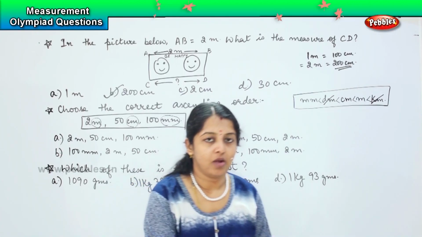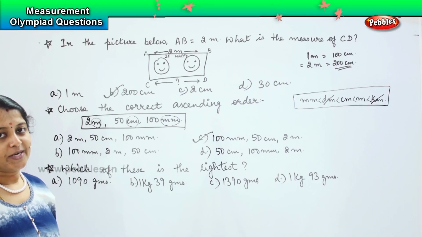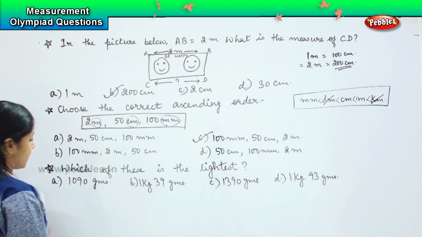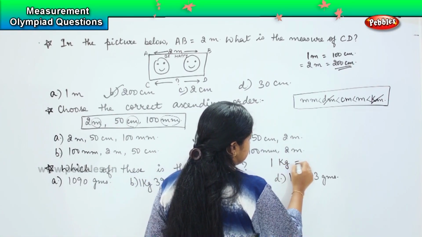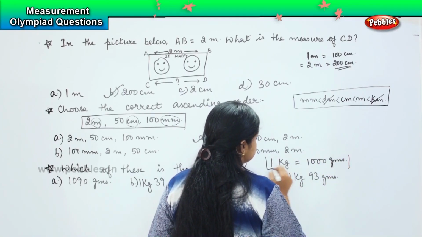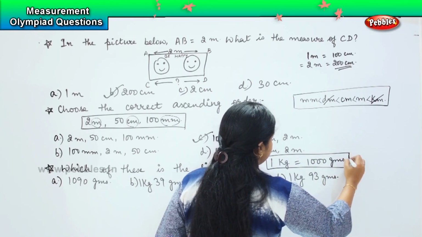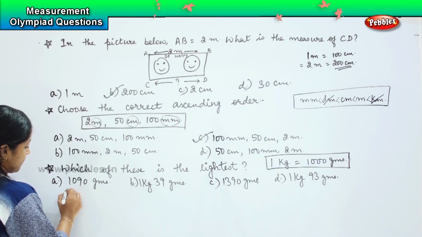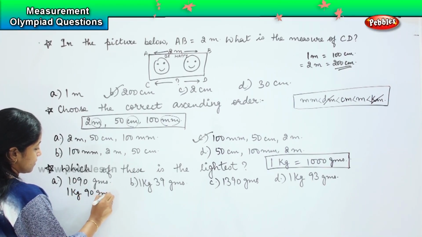Okay. So now here again there is a combination of gram and kilogram given. So it's better that we convert the entire thing into 1 unit. We know that 1 kilogram is equal to 1000 grams, right? We know this table very well. Here it's given 1090 grams. This can be written as 1 kilogram 90 grams.